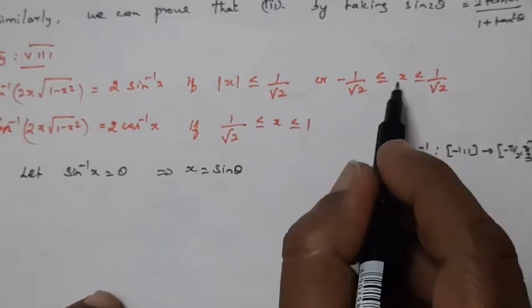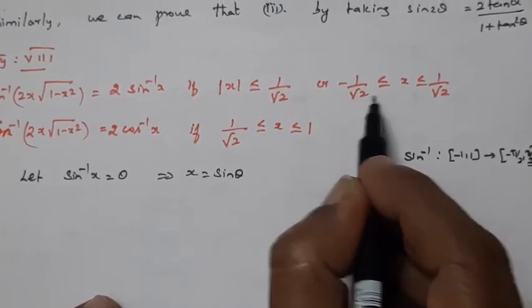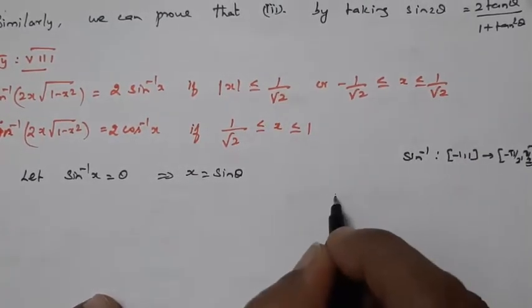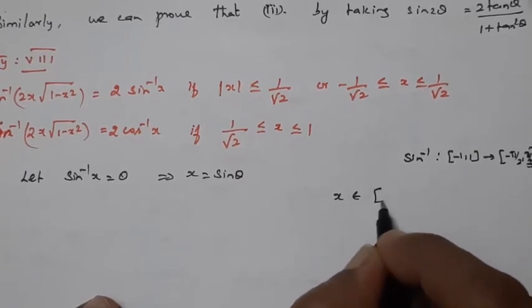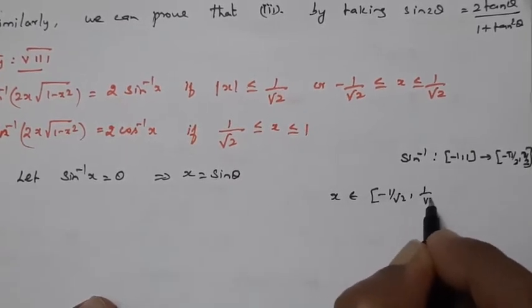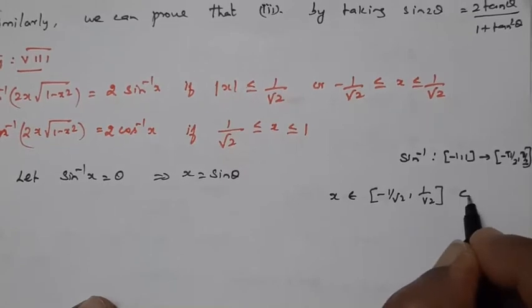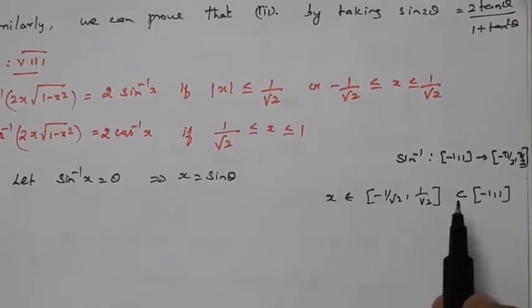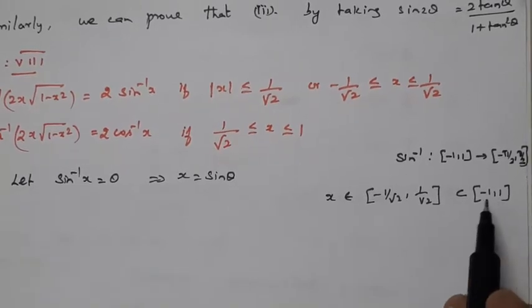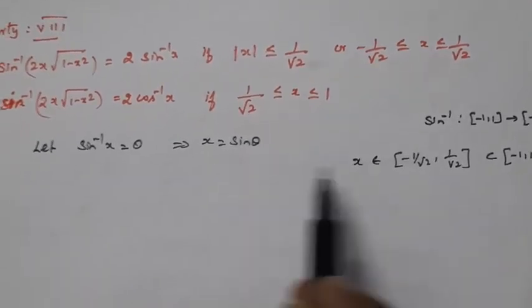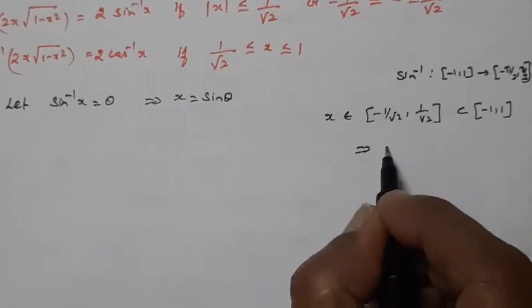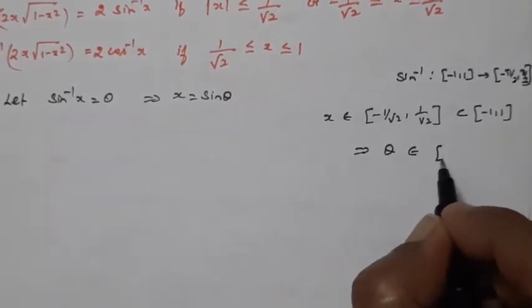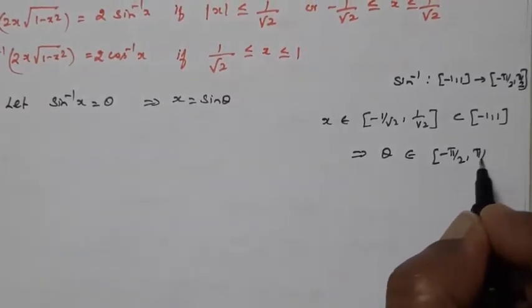Here it is given that x belongs to the closed interval minus 1 by root 2 to 1 by root 2. This is nothing but a subset of the closed interval minus 1 comma 1. So, as x belongs to this closed interval, clearly sin inverse of x is well defined, and therefore theta belongs to the closed interval minus pi by 2 to pi by 2.